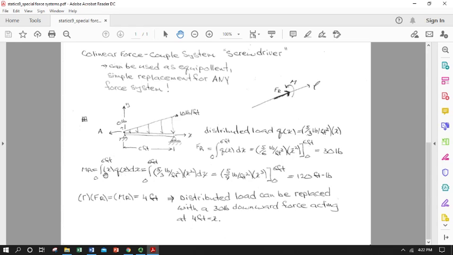That's the definition of moment, but it's applied to just a little piece of this load.